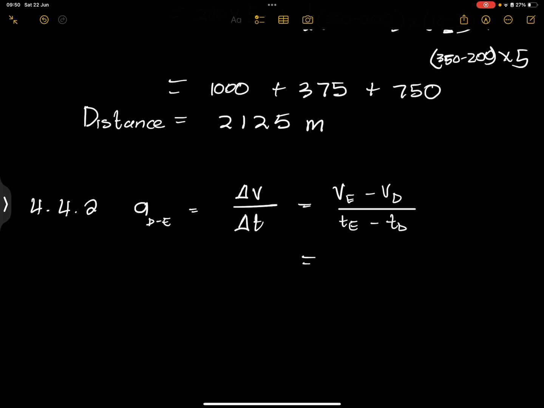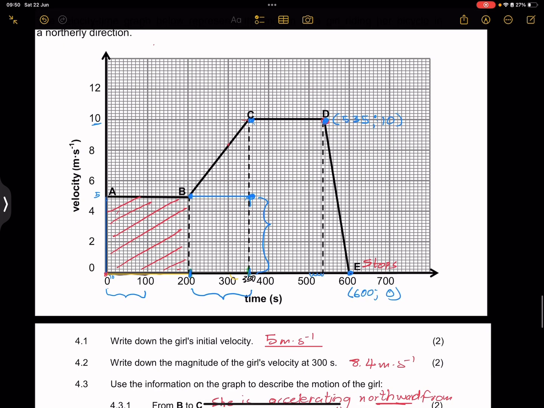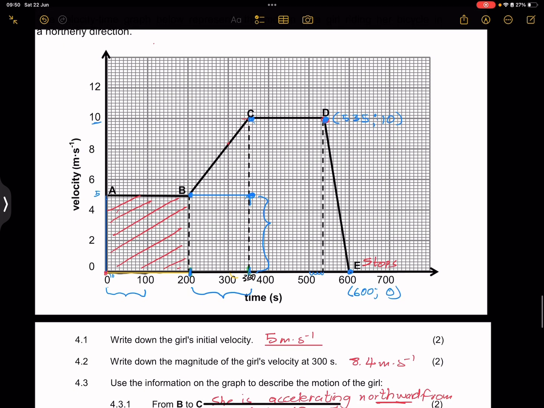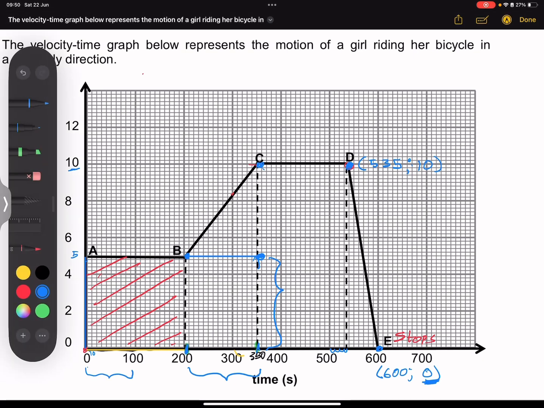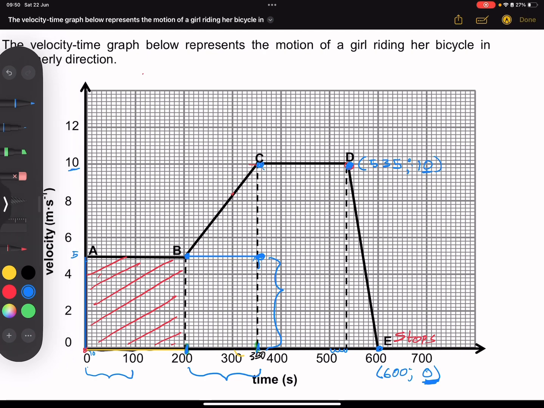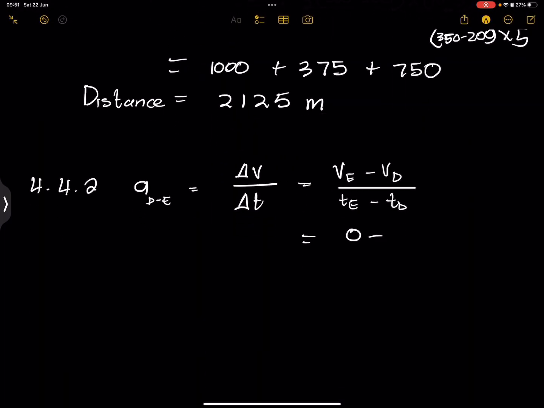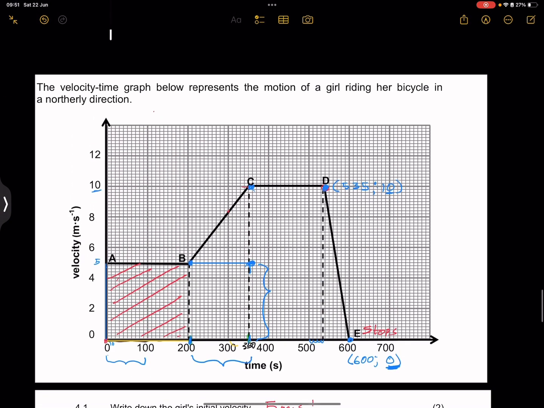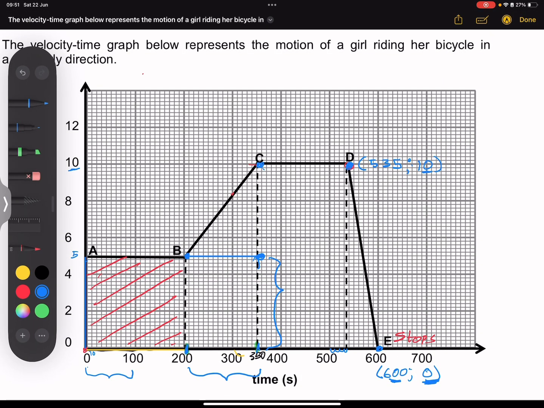The velocity at E is 0, and our velocity at D was 10, so that's 0 minus 10, divided by the time at E, which is 600, and the time at D, which is 535.